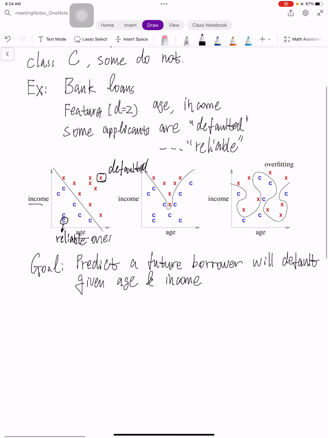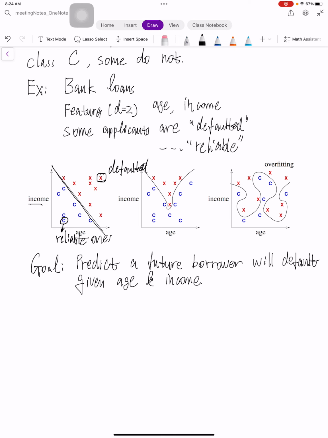So for example, suppose we have three different scenarios. In the first scenario, we have a scatter plot with reliable borrowers and default borrowers. They seem very easy to separate by a line.